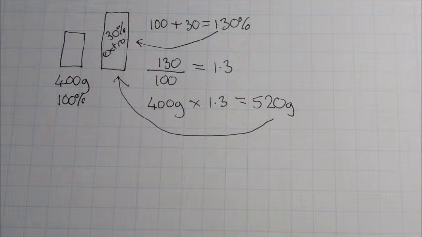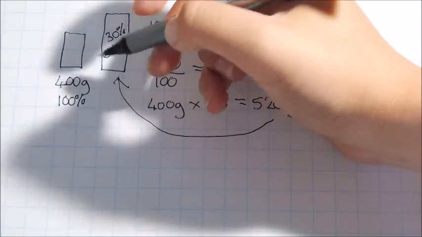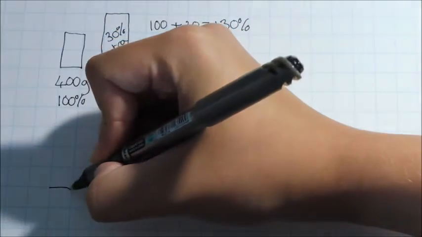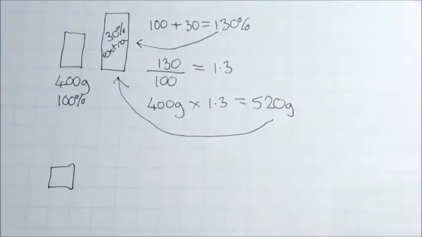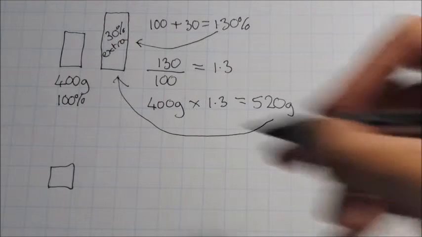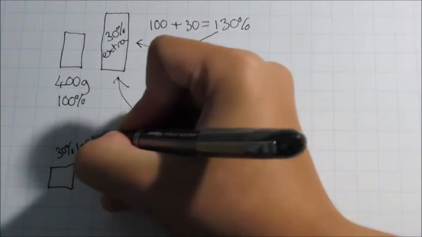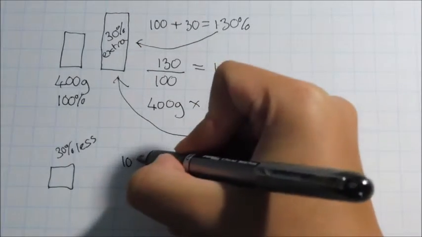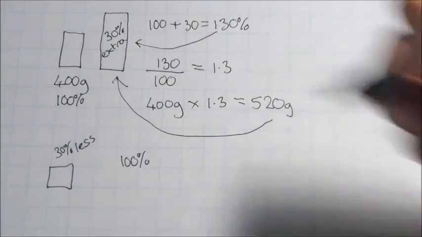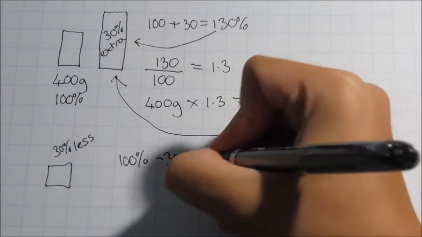Let's say they had a percentage decrease. You had your standard box of cereal here, but the next time you walk in, you have a smaller box of cereal. Now you don't know how many grams of cereal there are in this box, but you know that it is 30% less. Okay? So originally you had 100%, and now you've got 30% less, so you've got to take off 30%.